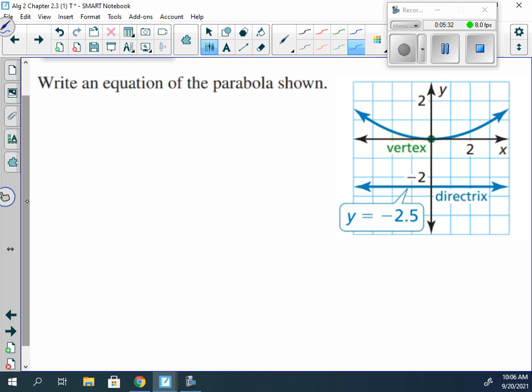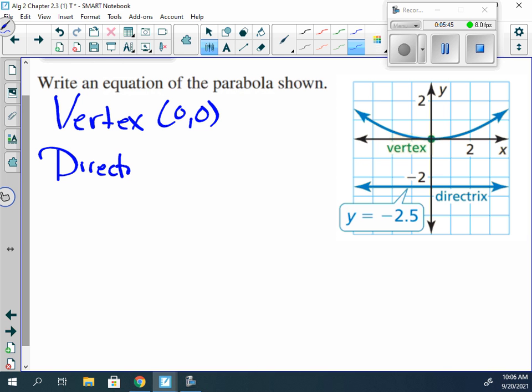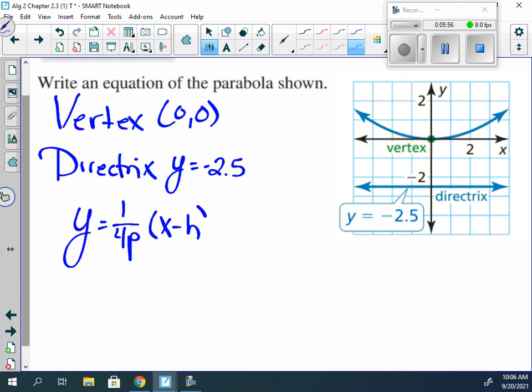What's the value of the vertex? Zero comma zero, yes? This time they told us what the directrix is. So this will be the exact same as the one before.